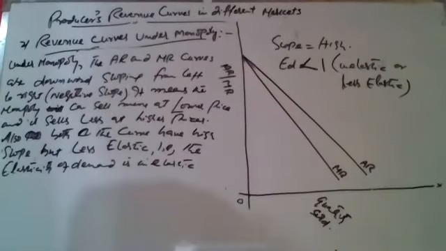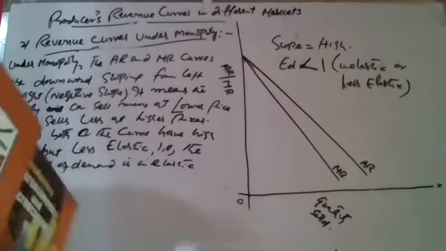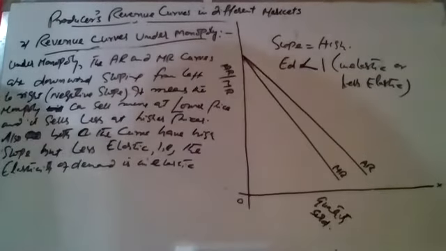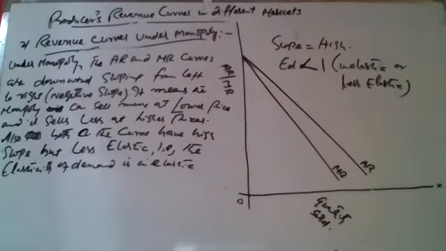So generally keep in mind that in the monopoly market, the revenue curves are sloping downwards, or they have negative slope. Okay?